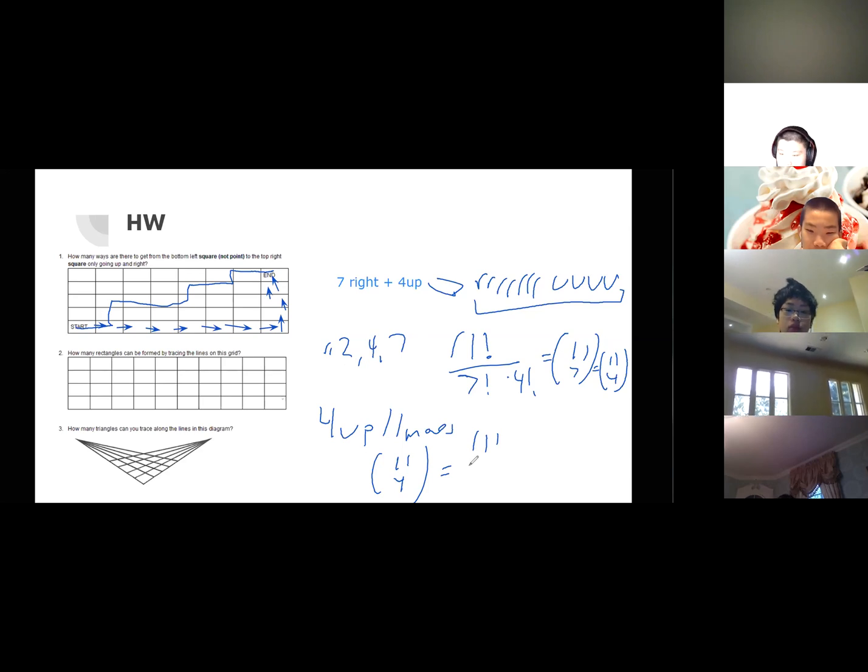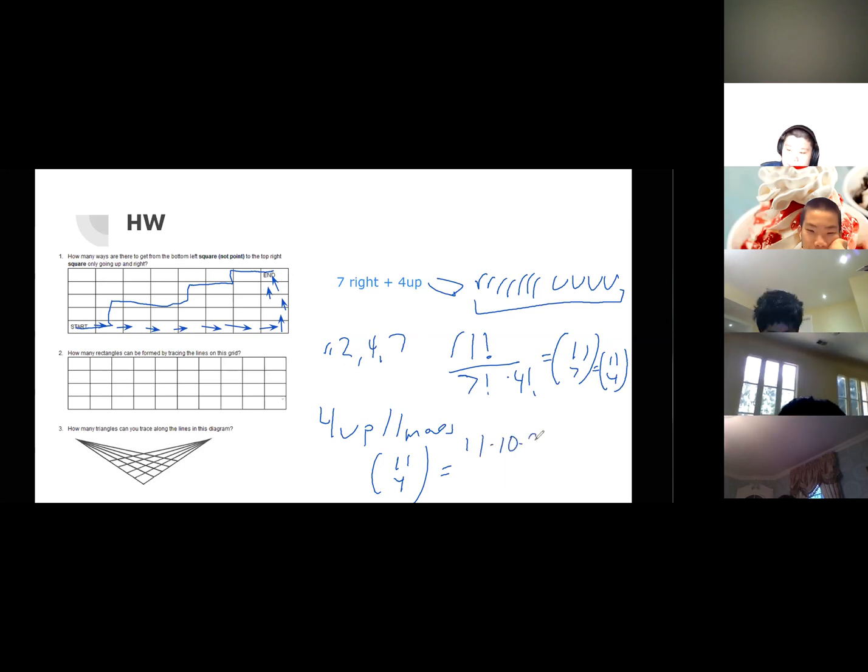And again, you got this, which is 11 times 10 times 9 times 8 divided by 4 times 3 times 2. These cancel, this cancels, and you got that's 330.